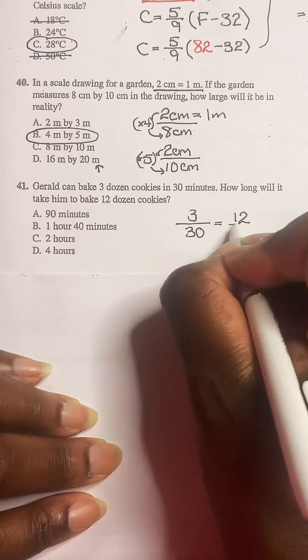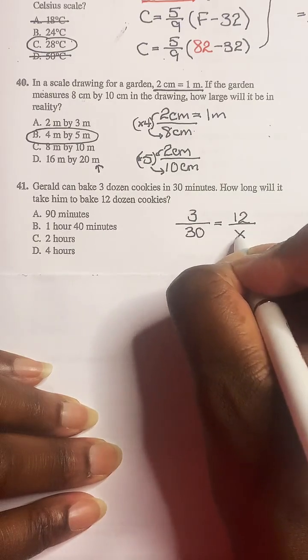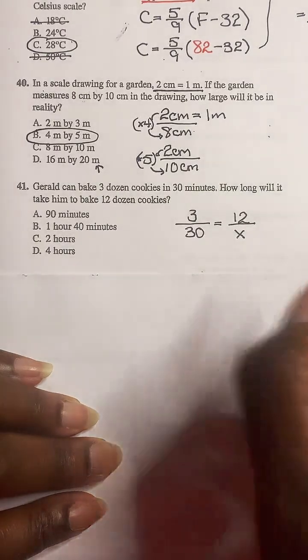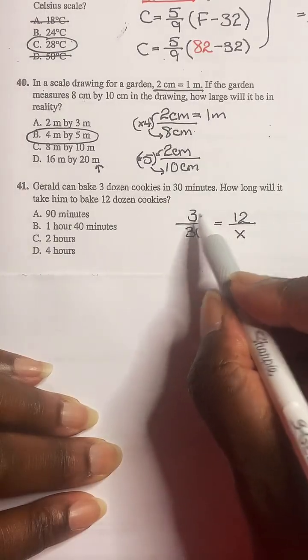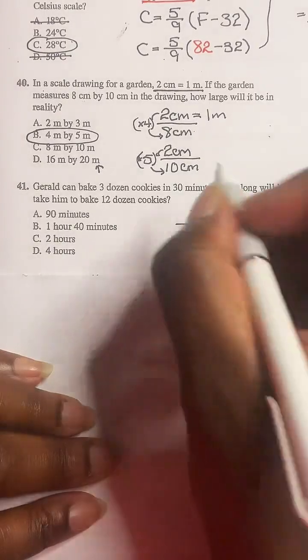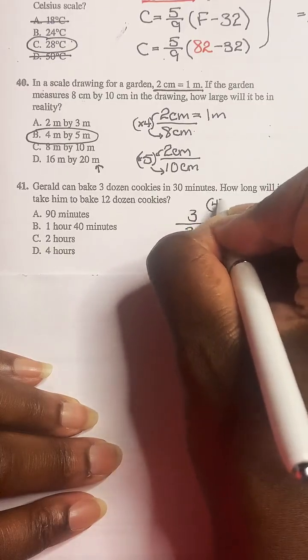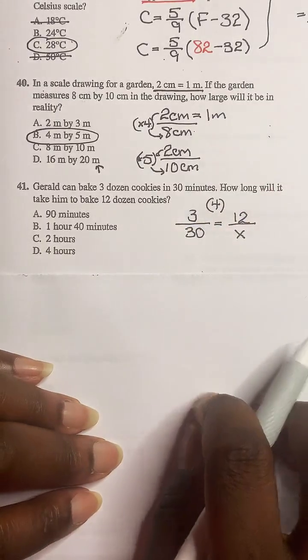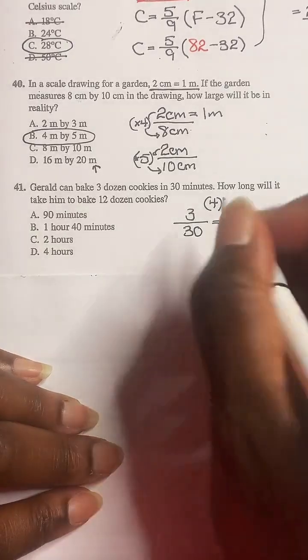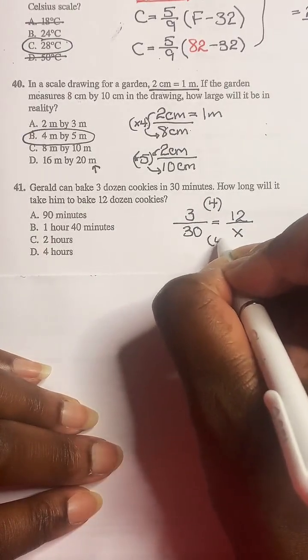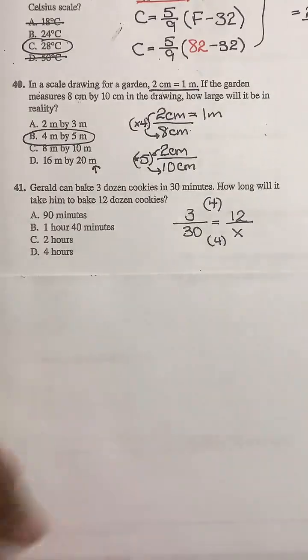And we want to know how much time that will take. Well, how do I get from 3 to 12? I can multiply by 4. And if I multiply this by 4, that means I should multiply this by 4.